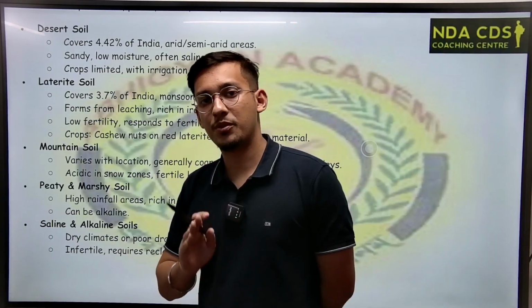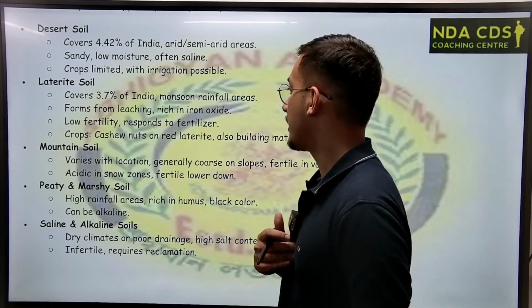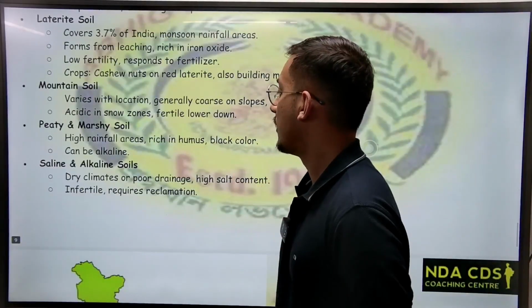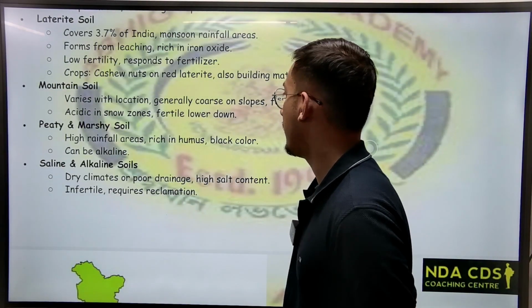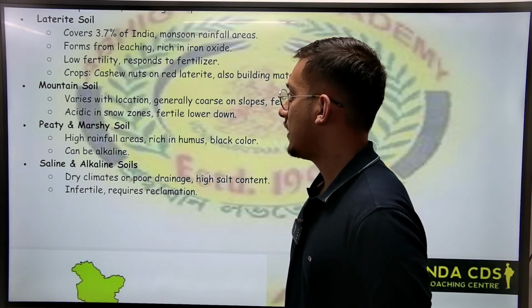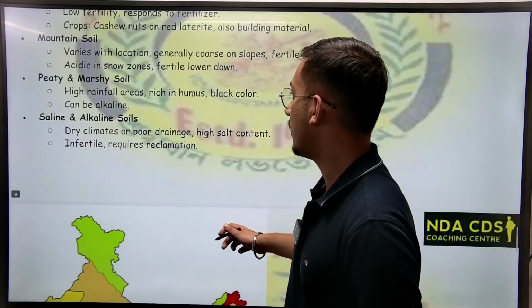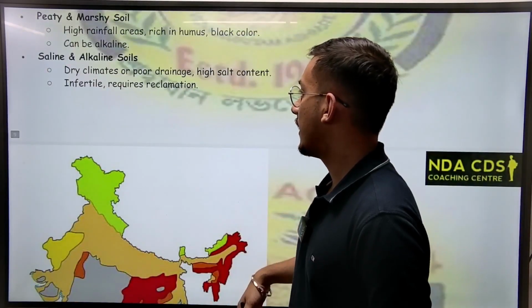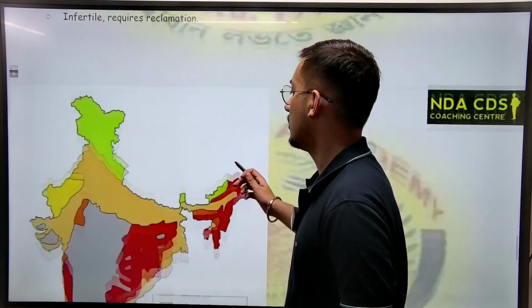It is formed due to intense leaching, rich in iron oxide, low fertility, responds to fertilizer. Mountain soil varies with location, generally coarse on slopes, fertile in valleys, acidic in snow zones. Peaty and marshy soil is found in high rainfall areas, rich in humus, black color, can be alkaline. Saline and alkaline soils are found in dry climates or poor drainage, with high salt content.